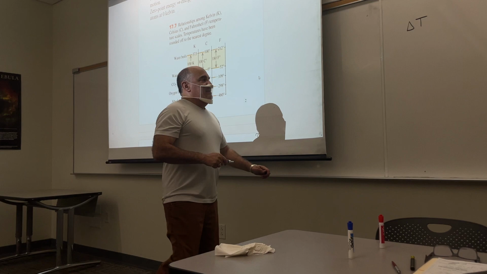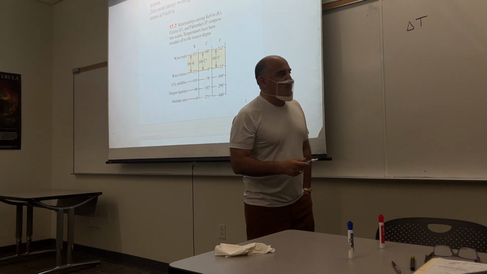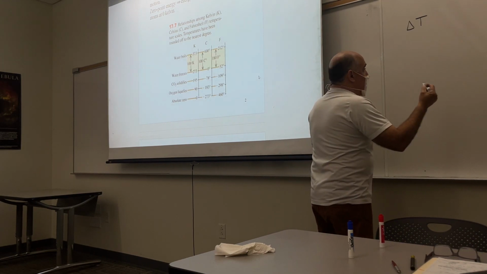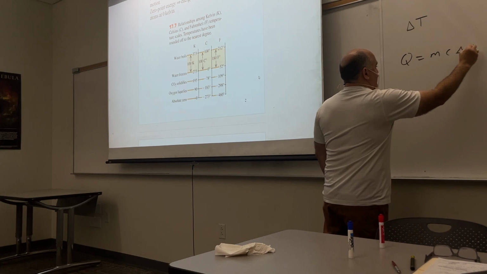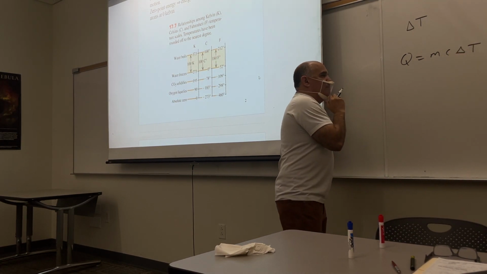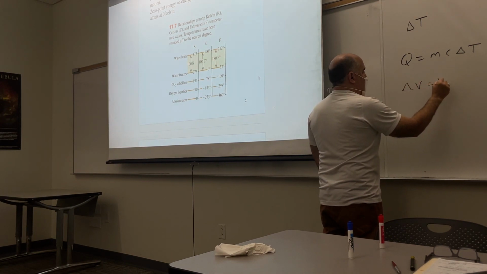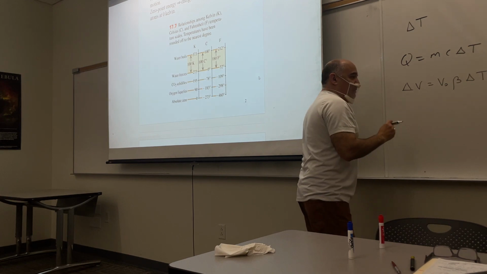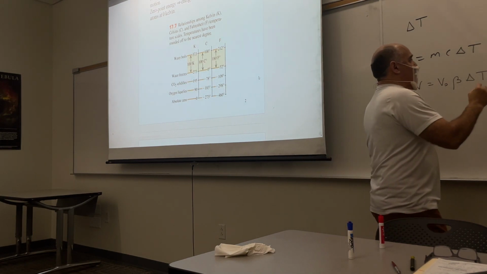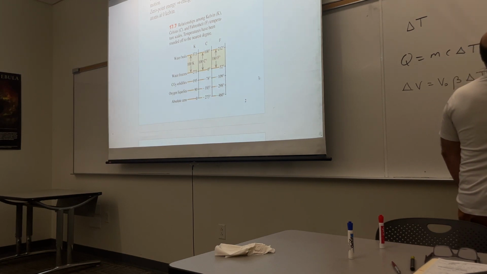Kelvin. We will write down some formulas in this chapter and subsequent chapters, like Q equals mc delta T. We'll write change in volume equals the initial volume times beta times delta T. But we will also write formulas like this: the intensity is area times e times sigma times T to the 4th.